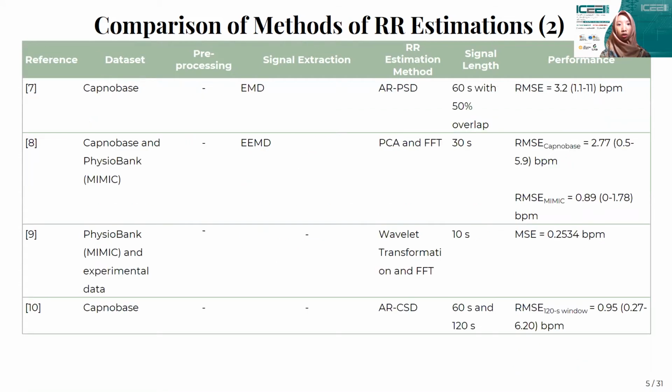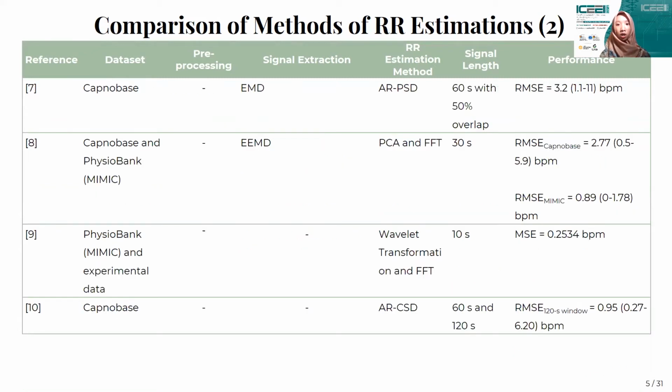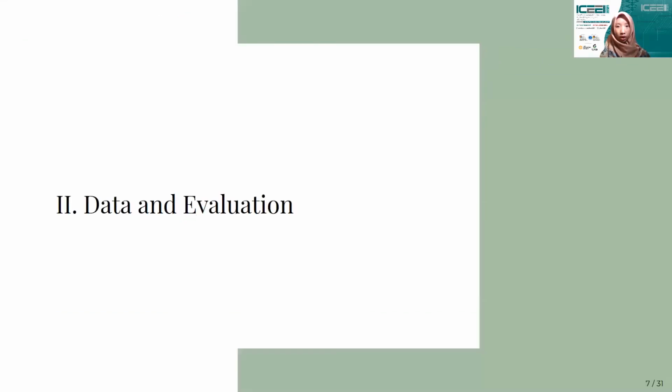There are also methods using EMD and EEMD. For the RR estimation methods, there are methods using DFT, FFT, multiple autoregressive model, autoregressive and power spectral density, principal component analysis, wavelet transformations, and many more. The signal lengths vary from 10 seconds to 2 minutes.